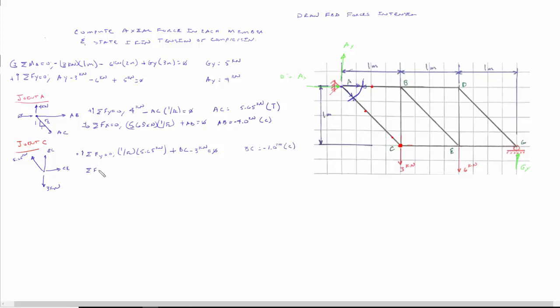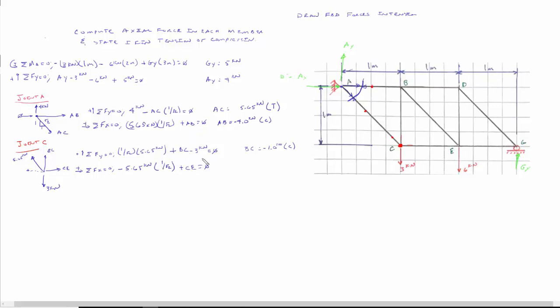If I sum my forces in the x direction, same thing. Now this component is going in a negative direction. So if you think about this, the x component of 5.65 is going negative, so I'm going to put negative 5.65 kilonewtons times 1 over the square root of 2 plus, because CE is going in the positive direction, plus CE is all equal to 0.